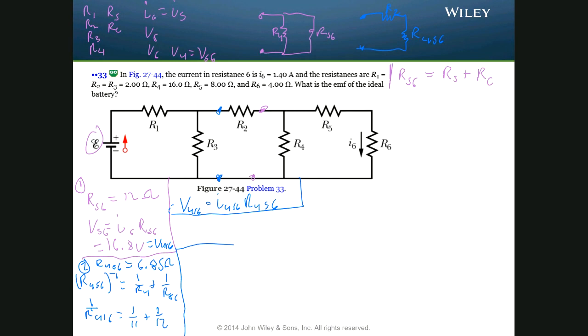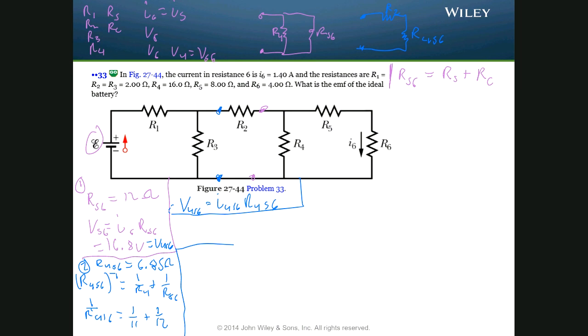And we can look there. I'm doing this because I have a feeling what we're going to need to do is get an idea of what the total current is. So if we look at the equivalent circuit, right, of here, we'll know that the current going through 456 has to be equal to the current going through R2, and then we'll have the current for this part of the circuit.